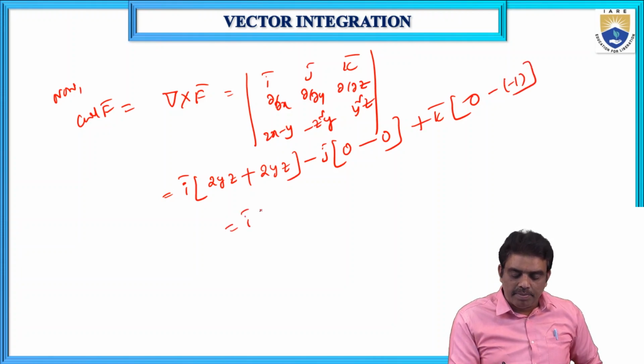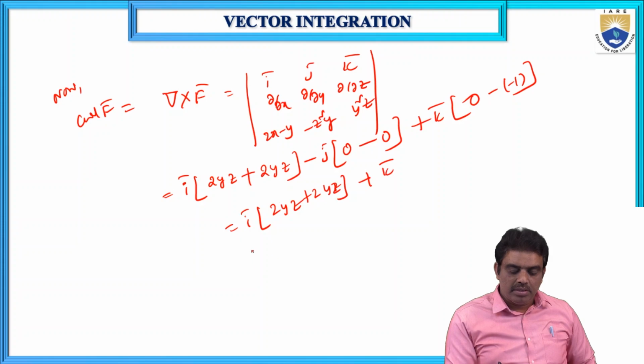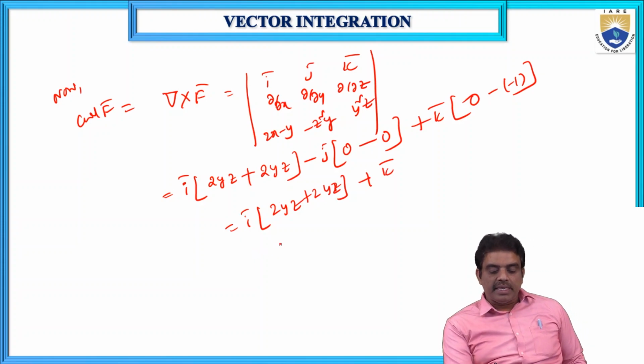So this is equal to I bar into 2yz, I bar into 2yz minus minus of minus plus 2yz, minus of minus plus k bar. So once again I will check it out, 2x minus y.